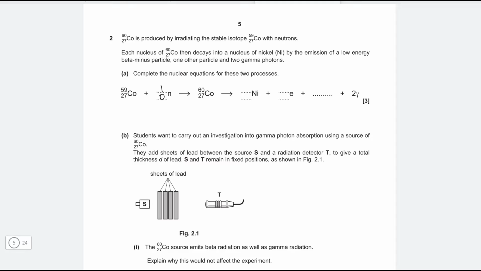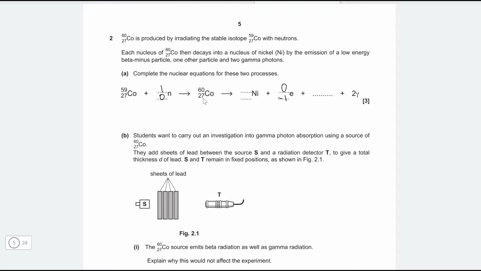Okay, well, after we reach this stage, this is the second stage of our nuclear decay, which is beta minus decay. The beta minus decay is going to emit an electron, which will have -1 here, 0 on top.